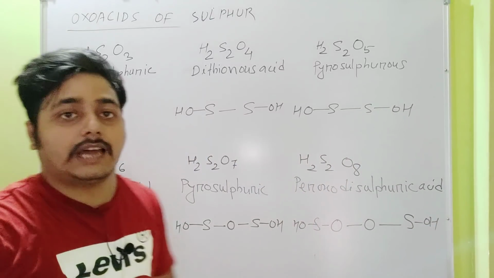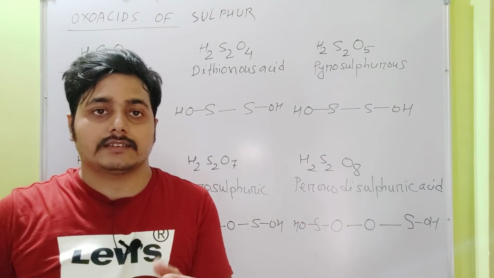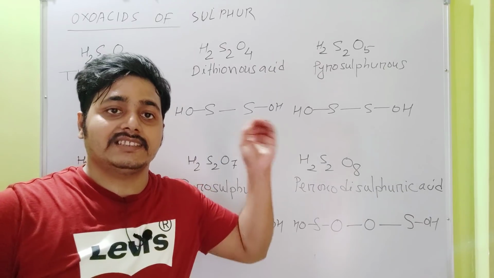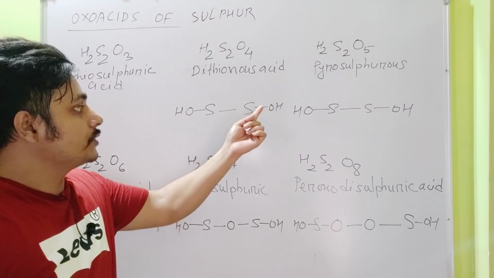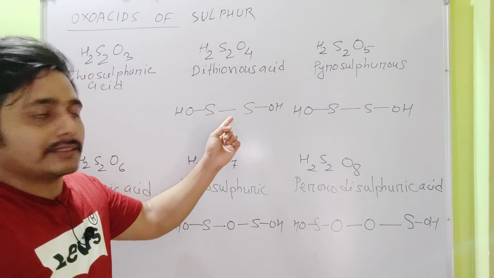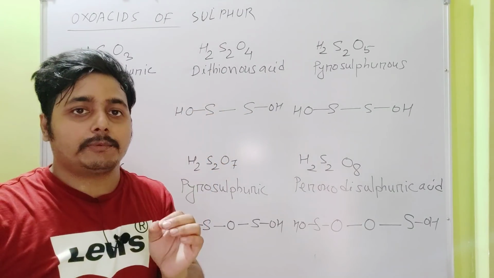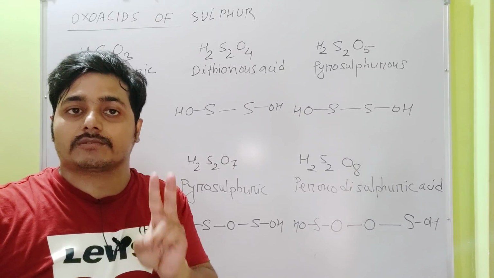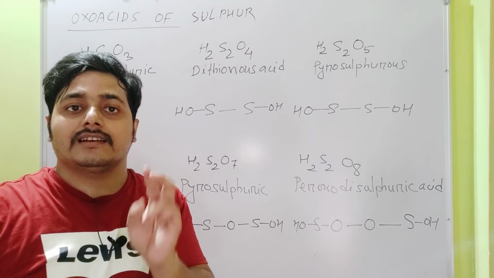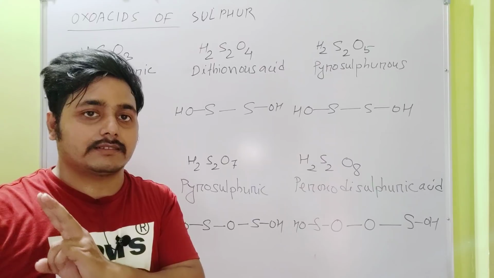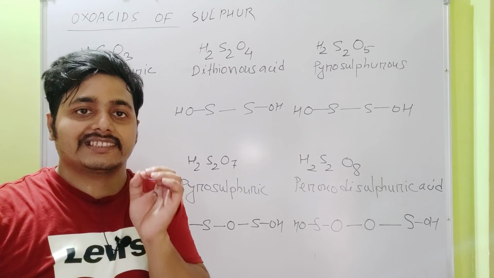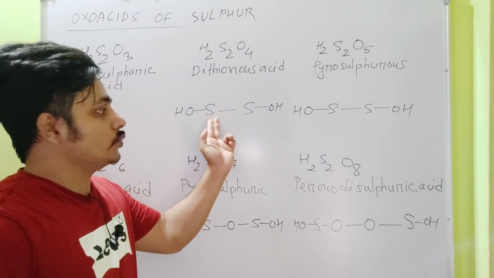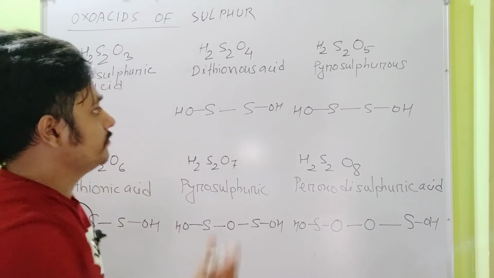Okay. Now look at the number of oxygen that are left in each case. In this case, we have placed two oxygen atoms. That means this compound is left with two oxygen atoms, and those two are double bonded oxygen. Now this double bonded oxygen can be distributed equally onto the sulfur atoms.